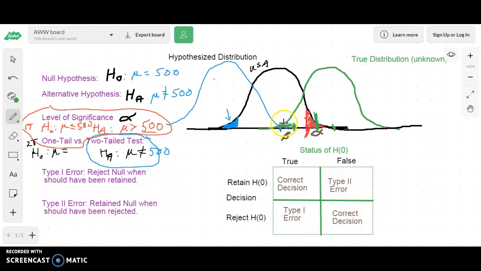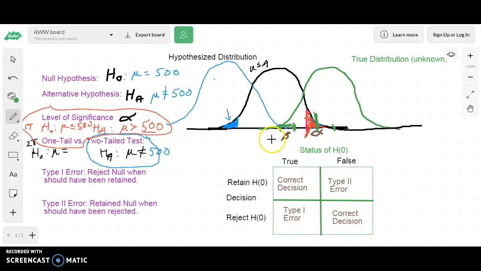It was low in this tail of the green, but it fell in the window of the original black null hypothesis distribution to the point where we did not reject; we still retained the null hypothesis. That is called a type 2 error. The decision is to retain the null hypothesis, but the unknown reality is that the null hypothesis was false. That's a type 2 error. We erroneously retain the null hypothesis.